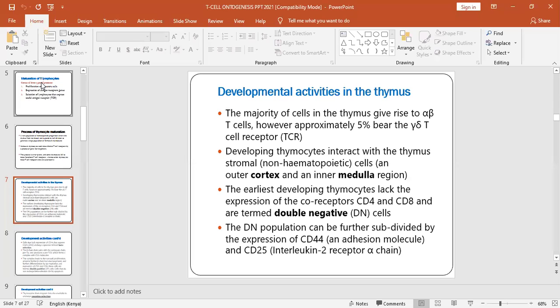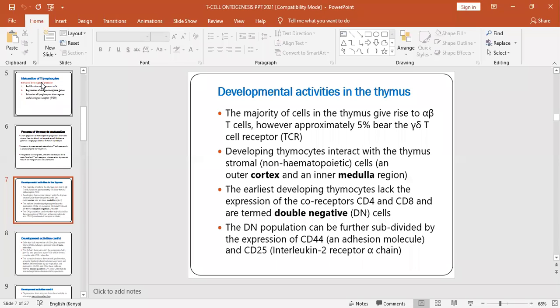However, there is another small population of T cells that we call gamma delta T cells, which are also part of the T cell population. In terms of ratio, you can say 95% are alpha beta T cells, but there is a smaller population, 5%, that express gamma and delta T cell receptors.